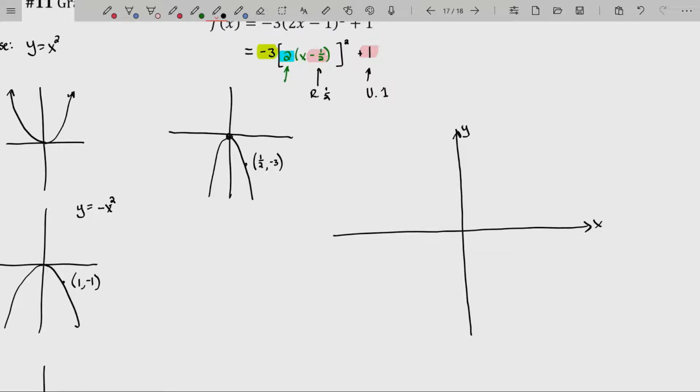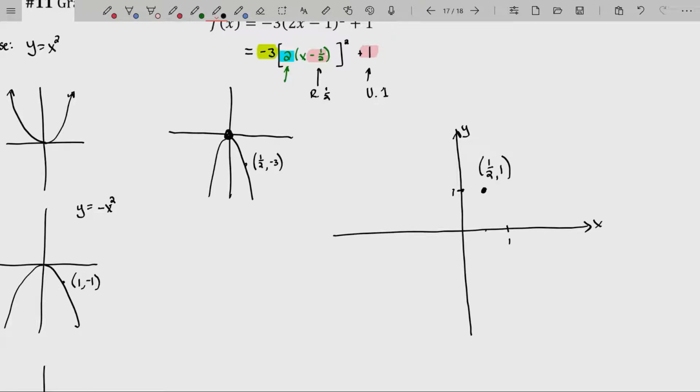This anchor point right there was at 0, 0. It's no longer at 0, 0. It's shifted to the right 1/2 a unit. So I'm going to call this x equals 1 so that I know that 1/2 a unit is right there. And it's lifted up 1 unit.